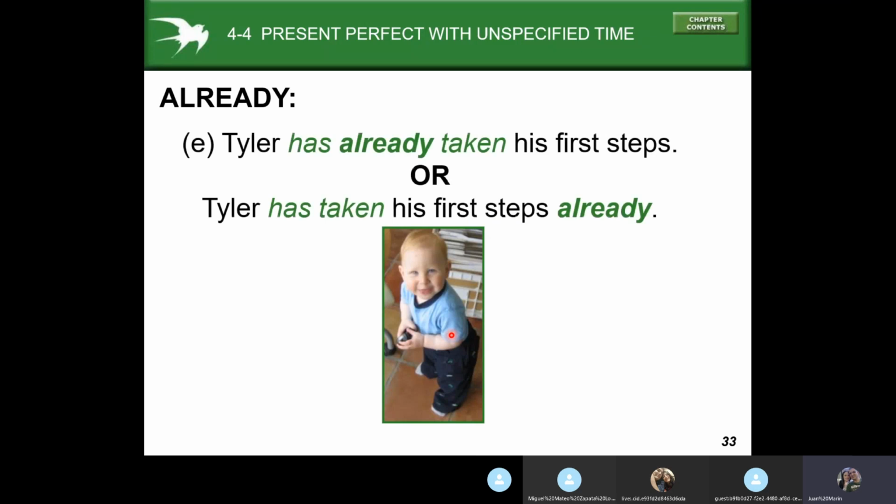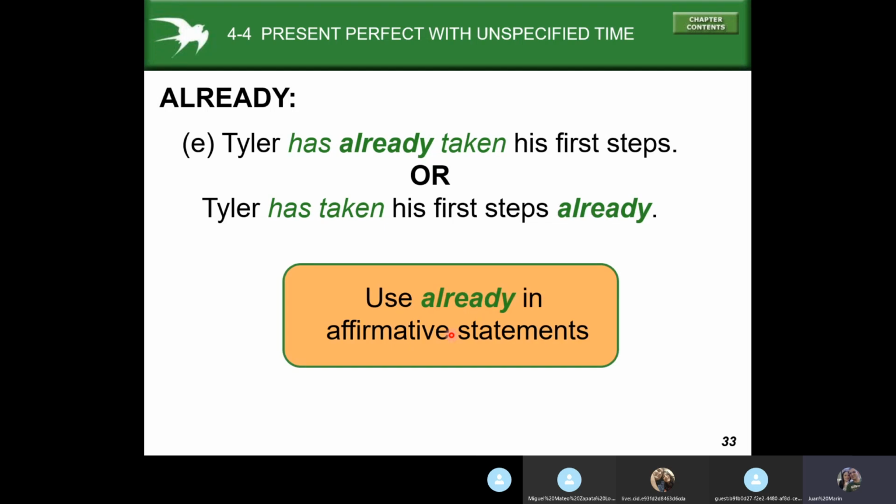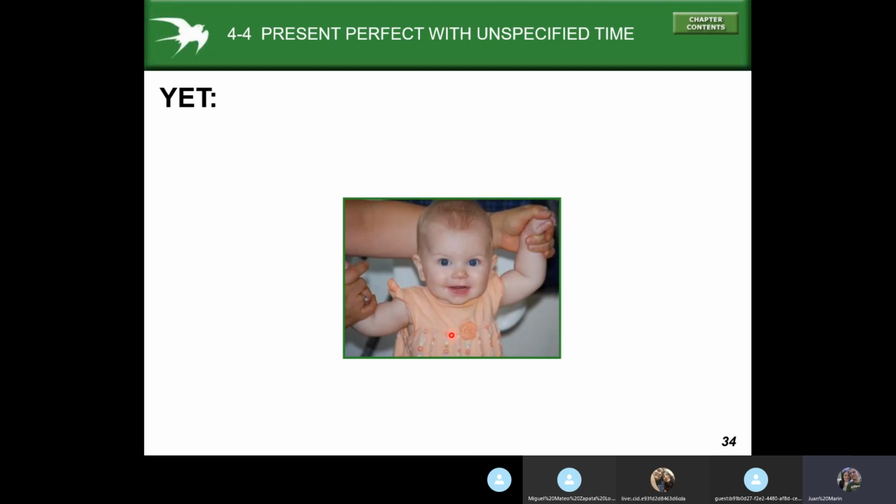Okay, you're ready. Tyler has already taken his first steps. Tyler has taken his first steps already. Use already in affirmative sentences. Zoe hasn't walked by herself yet.